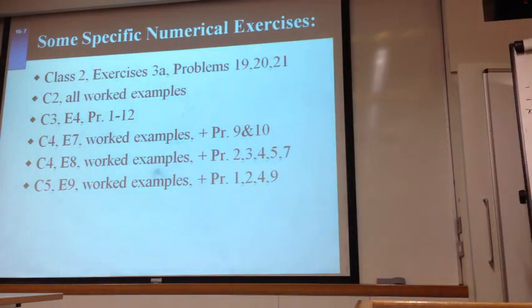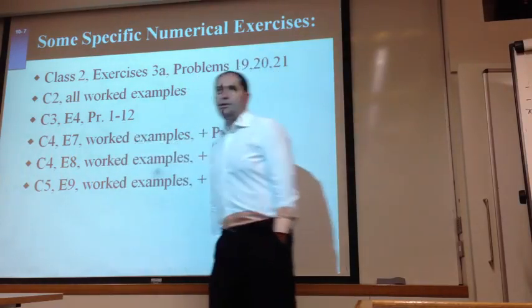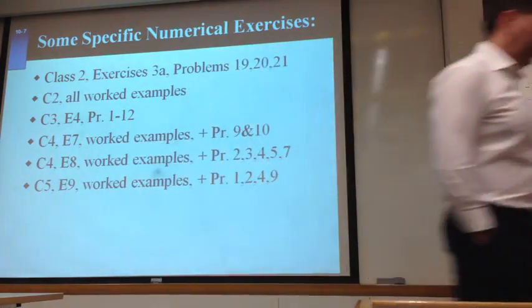So you got there class 2, exercises 3A, and then specific problems, 19, 20, 21. Class 2, then worked examples rather than any specific exercise. Just 1 or 2 worked examples should be enough as preparation, and so on. E4 means exercises 4, PR means problems, specific particular problems.